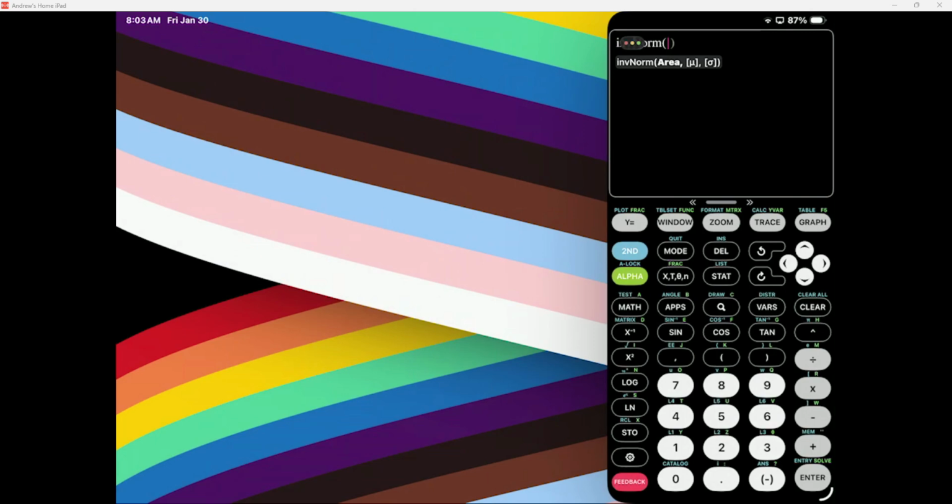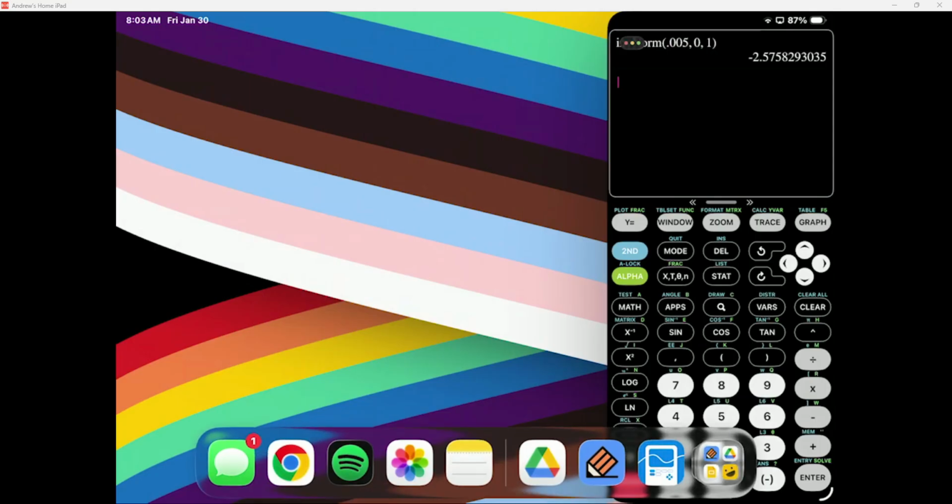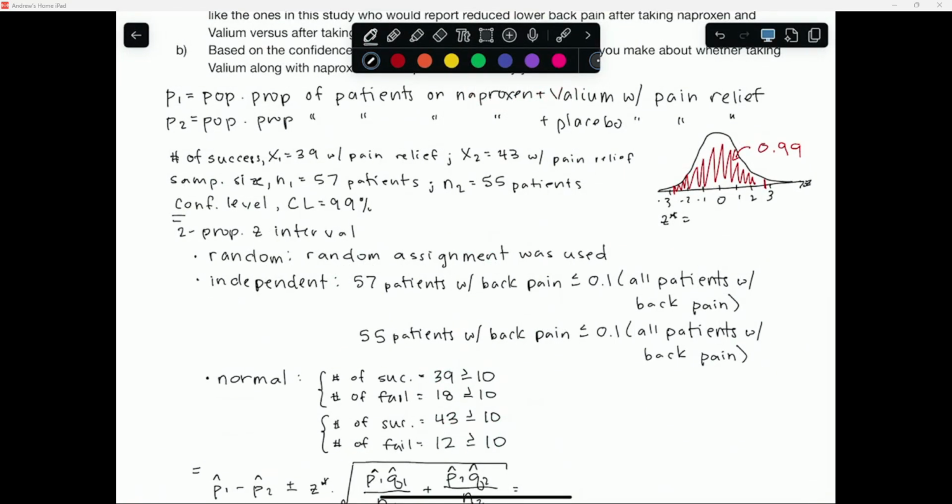You guys can do 0.99 and then center as your tail. If I have 99 in the middle, 1% in the tails, half of that is 0.005. Remember, we're assuming standard normal, so mean is 0, standard deviation's 1. And we get 2.58, which should sound familiar because we've seen that with a 99% interval before. So 2.58.